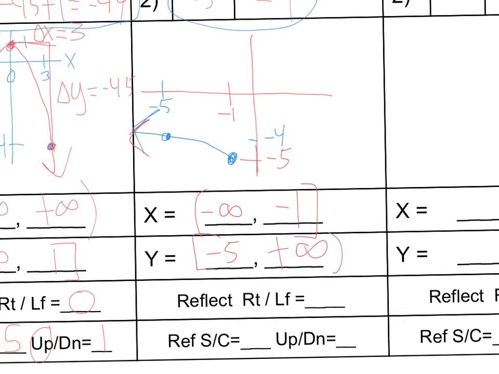Now let's look at the horizontal translations. Normally a square root graph would open to the right, but since our line had a negative slope, this one opens to the left. So it did reflect horizontally. We also know that the cusp moved 1 unit to the left, so that is a shift left by 1.